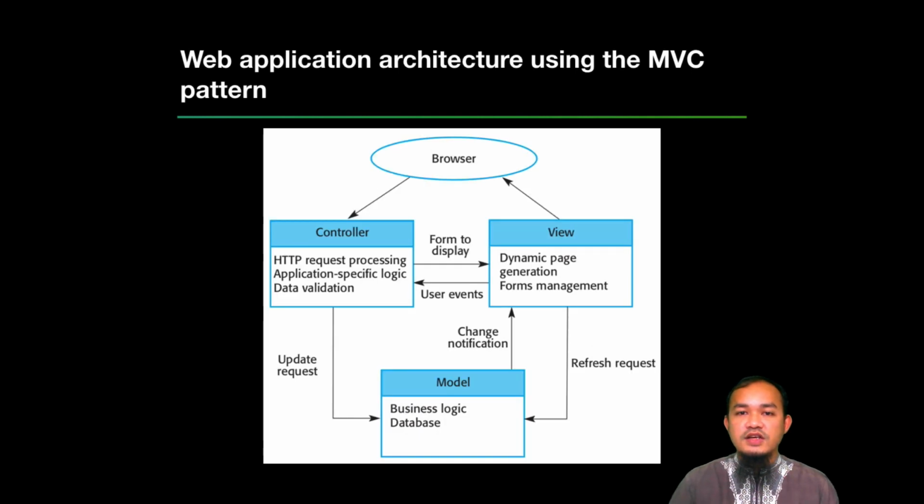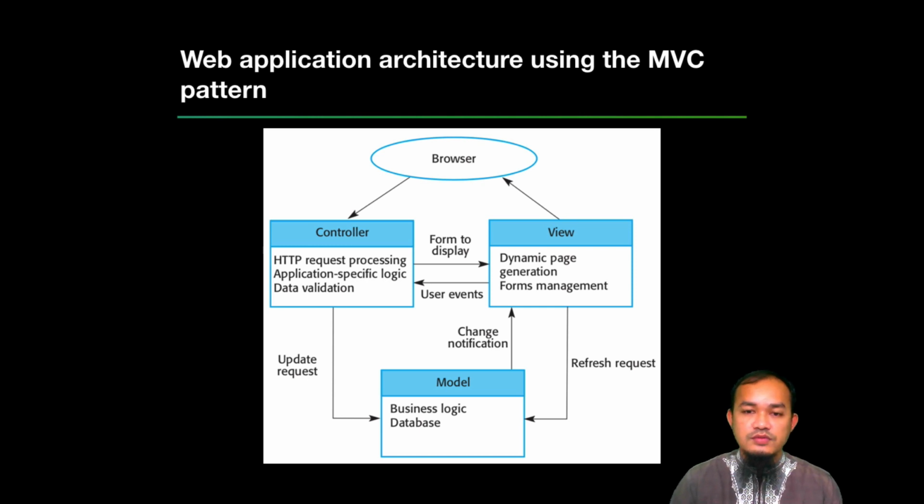Web application architecture using the MVC pattern. You see here, the web browser sends a request: as a user you visit any website that implements MVC. It contacts the controller using an HTTP request. If that request needs data from the database, the controller will call the model, and then it goes to the view.